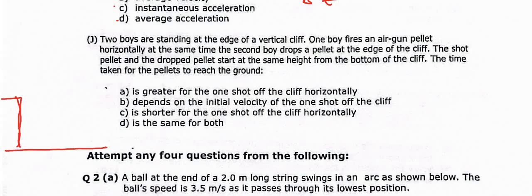Let's say this. Standing at the edge of the cliff, one boy fires the gun horizontally. So one boy fires it like this, then it falls like that, right? It doesn't go up first, it's just in the horizontal direction and it falls down. Then the second boy, in blue, at the same time just drops it off, so it just comes down like this.